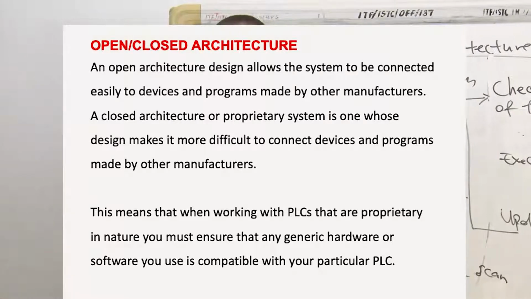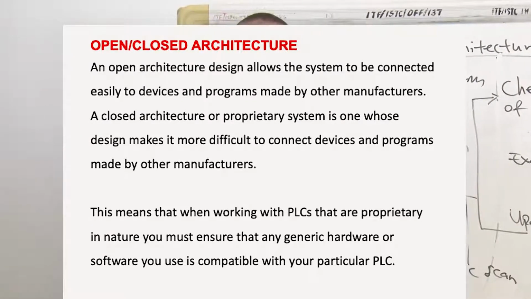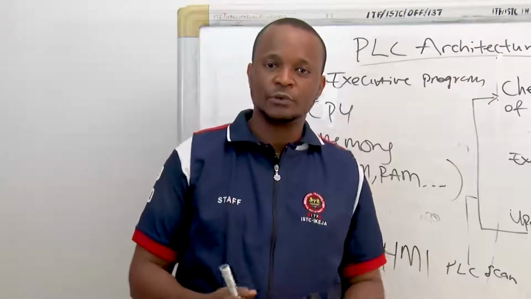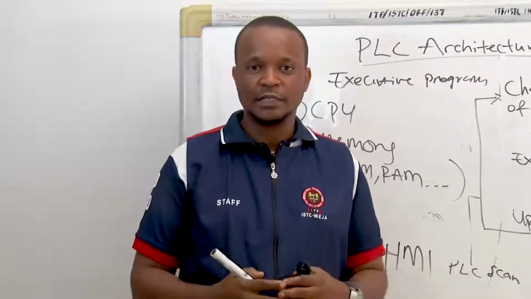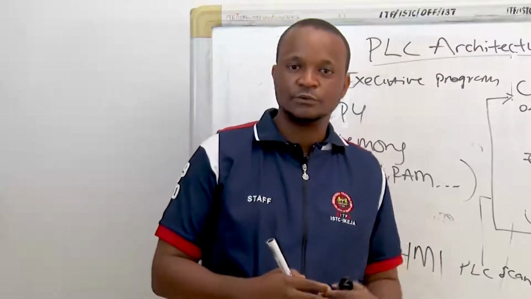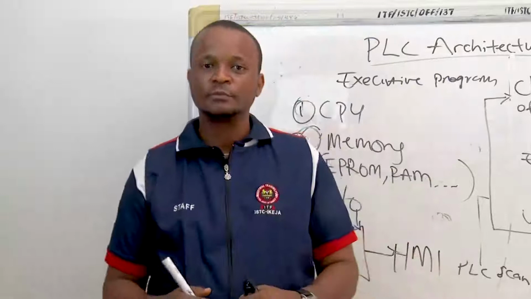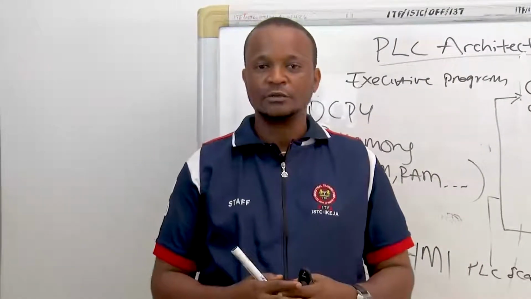For example, let's say your phone. You have different makes, a Techno phone, an Itel phone, different types of phone, but they use a common charger. It's an open architecture, which means you can use a Techno phone to charge an Itel phone or any other kind of phone.